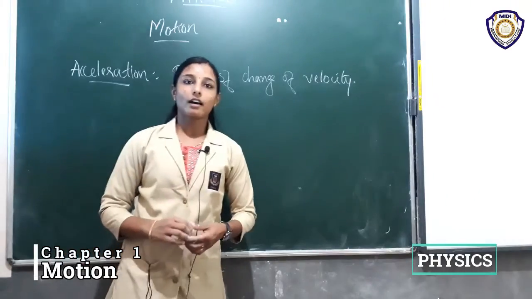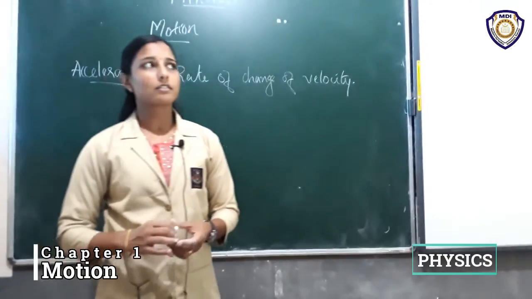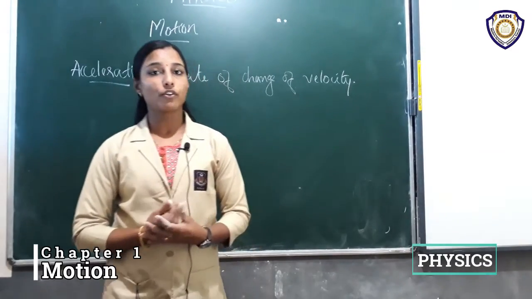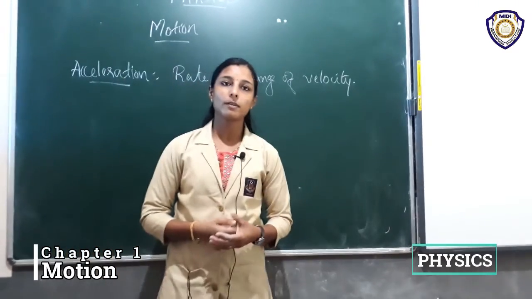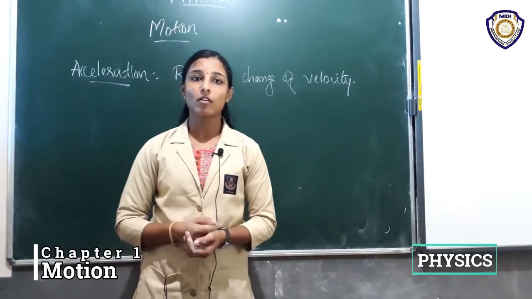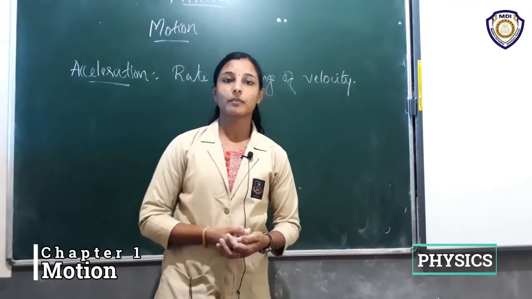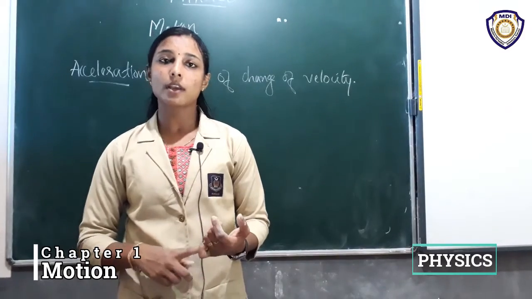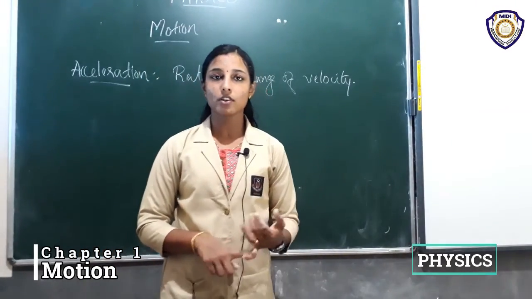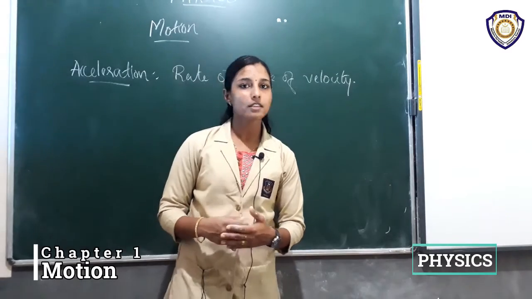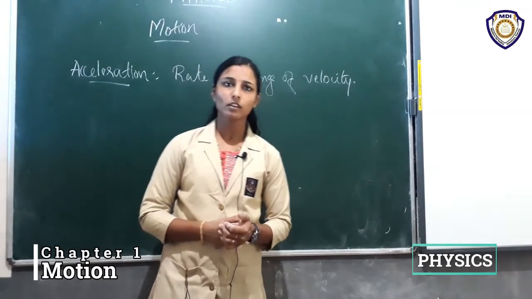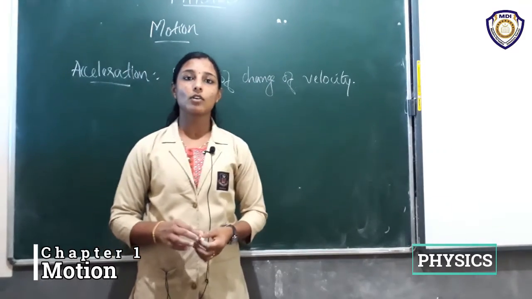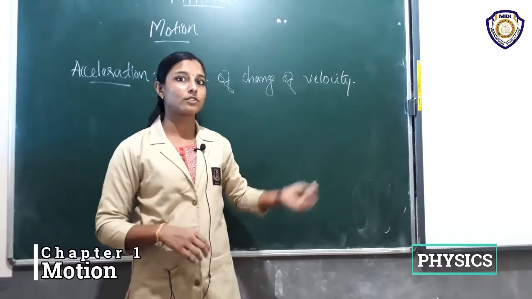Suppose an object is in uniform motion, right? So what will be the velocity of that uniformly moving body? It becomes constant, right? The velocity of a uniformly moving object is constant, right? So in that case we cannot take the rate of change of velocity.